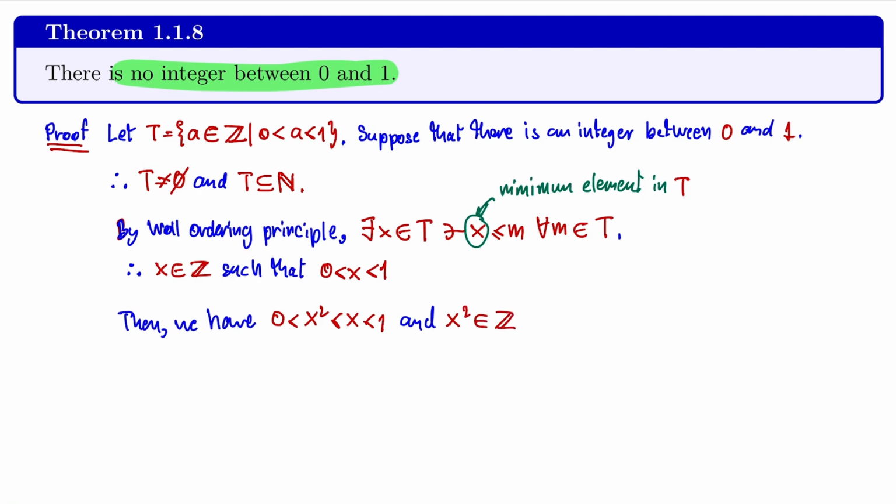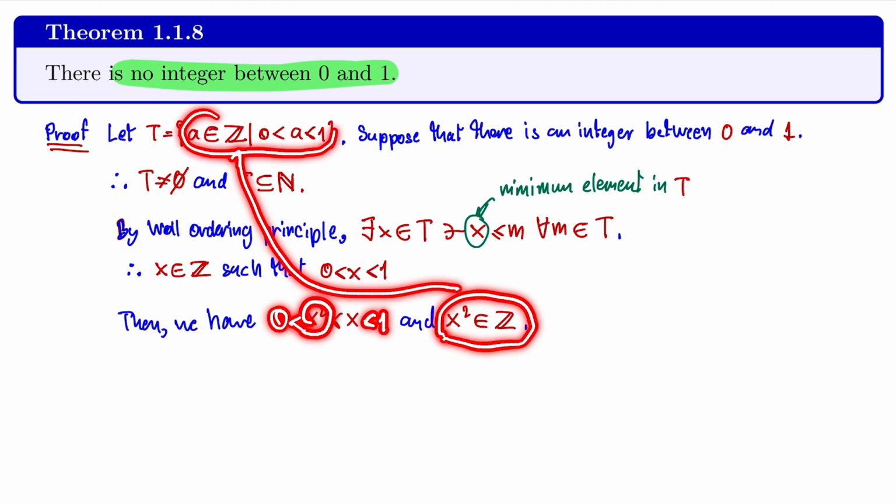So what do we have again? x squared is greater than 0 and less than 1, and it is an integer, so it satisfies this condition.